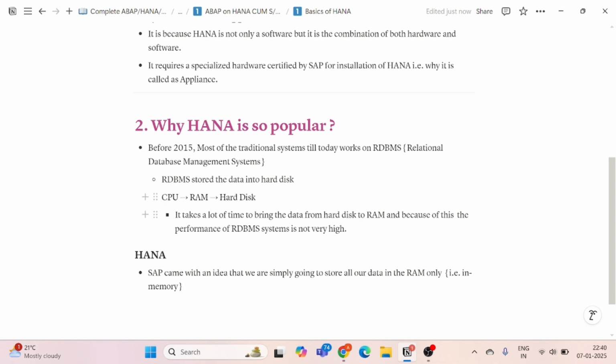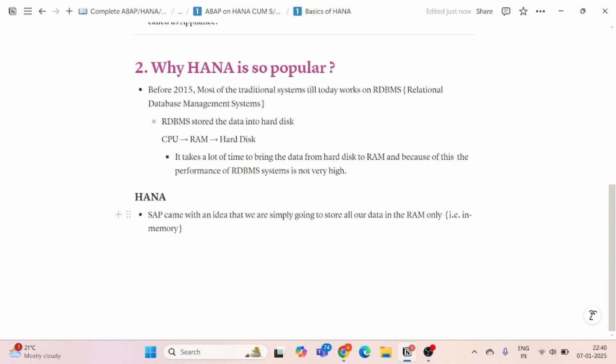No, they have not completely removed the concept of hard disk. It is still there. But what SAP did is come up with an idea: let's say I have 1 billion data in my database, and out of 1 billion only 100 million is used in an active manner, and the rest of the data is dead data, not used for like 10 or 15 years.